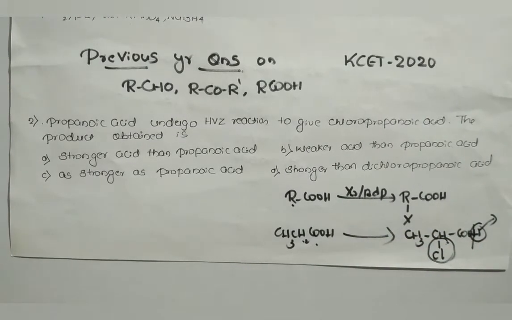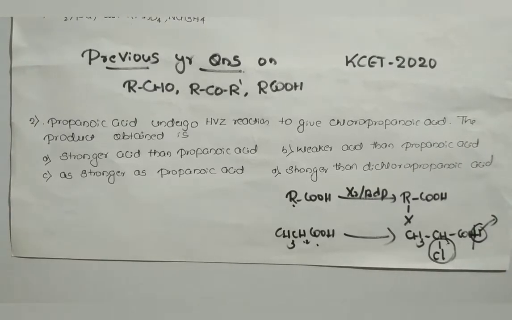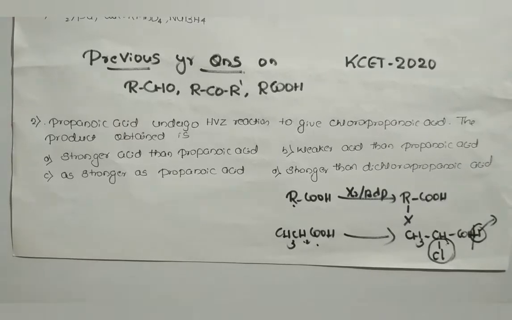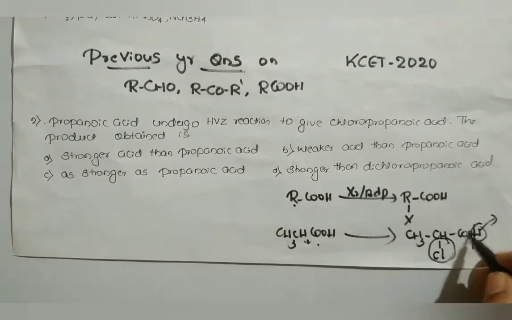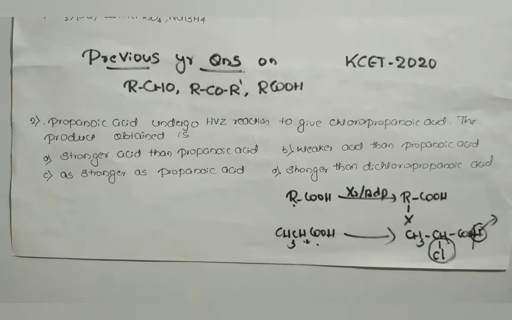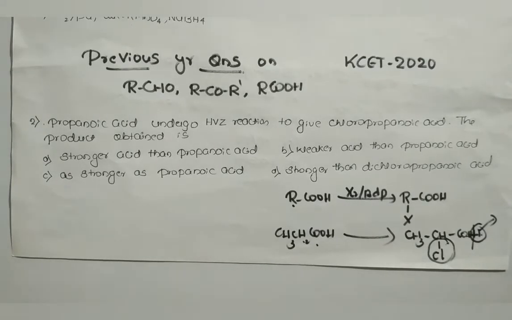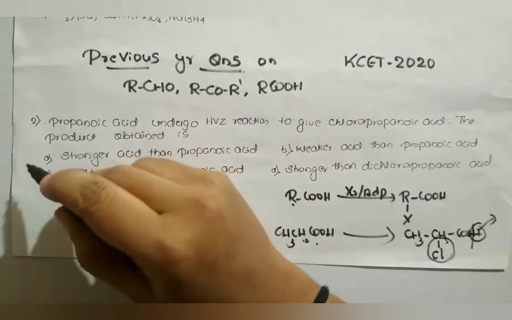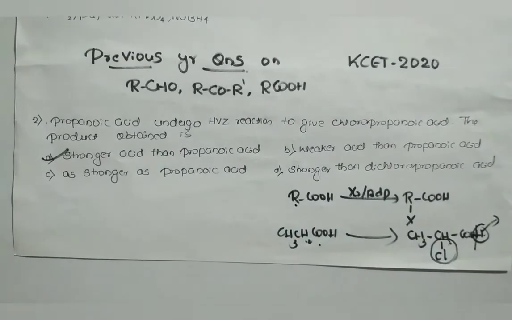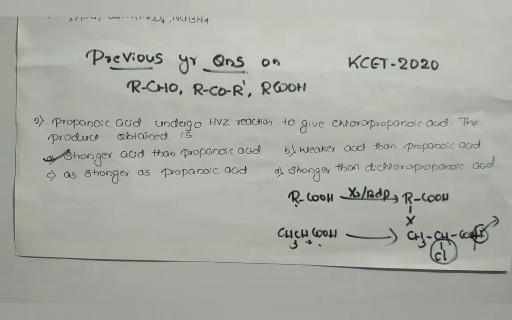So option A is correct. It is because this chlorine acts as an electron withdrawing group, which increases the polarity of the OH over here and releases the H plus ion very easily. I hope it is clear. The answer is option A. This was the question asked in 2019.